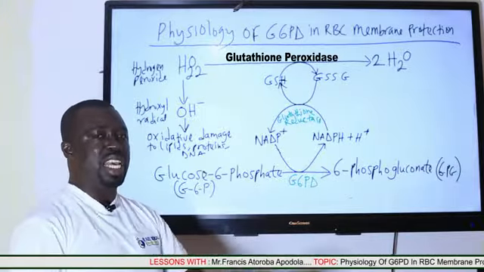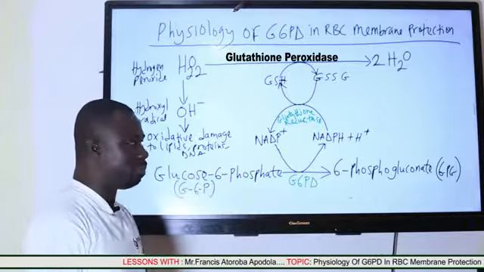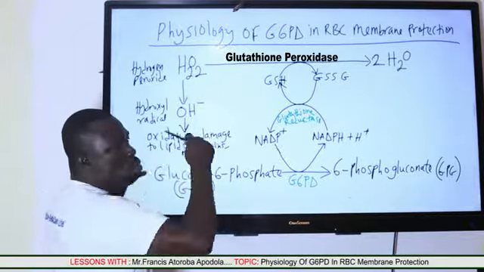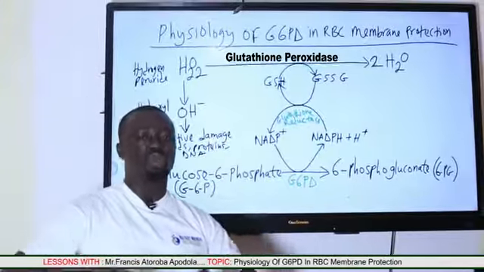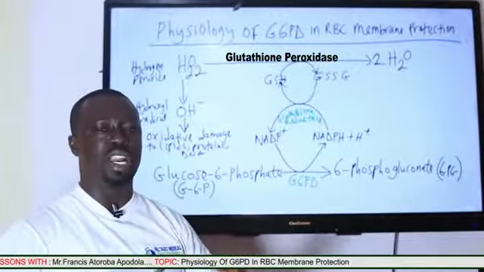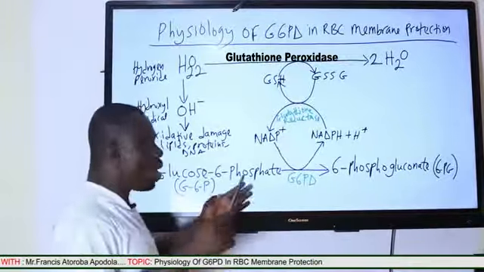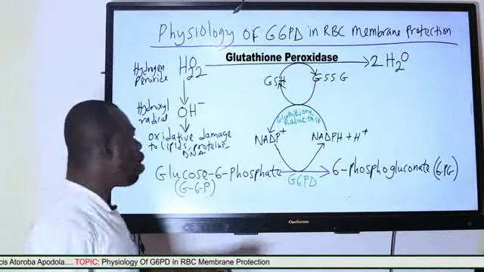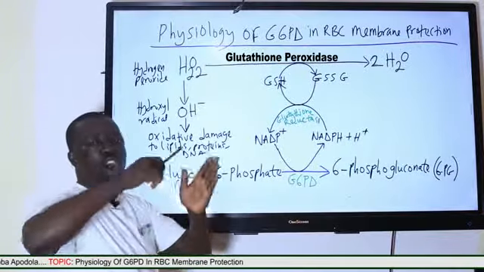When the cells are exposed to oxidants, the components, or the proteins and lipids, will undergo oxidation. So what happens is that we will intentionally expose our red blood cells to oxidant.